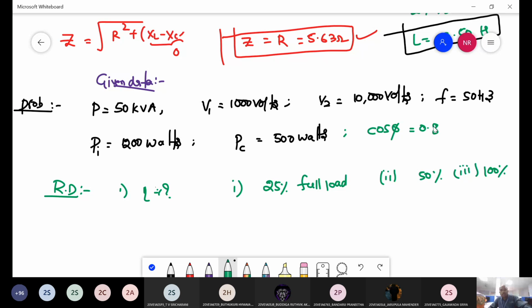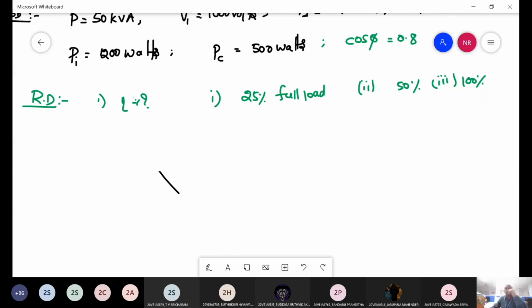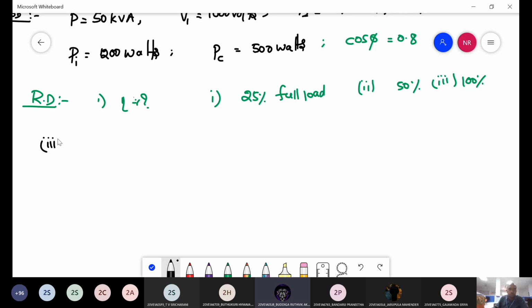So in this problem, let's calculate the third bit first, because if you get an idea at full load, then you can do the off-load cases afterwards. So first I am calculating the third bit. Sir, second bit and third bit 50% full load? Yeah, first bit is 25%.